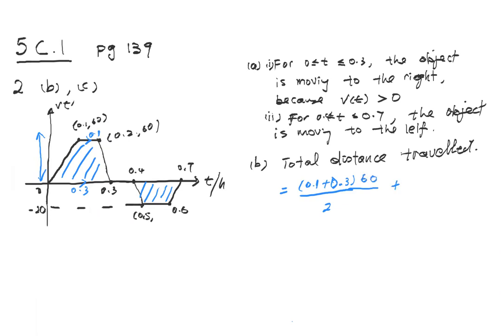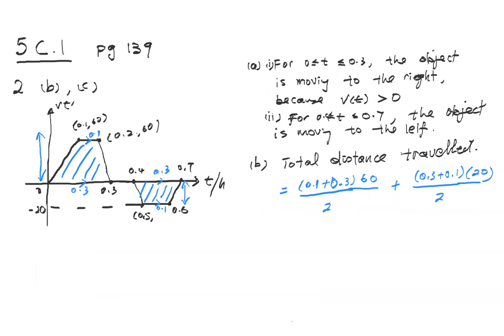Plus the other one, the parallel sides are 0.3 and 0.1, and the height is 20. Even if it's below, we don't put negative 20 because we are talking about area. So you will get the answer.